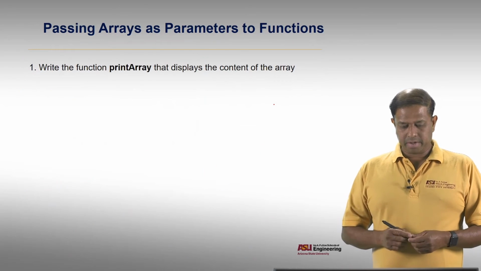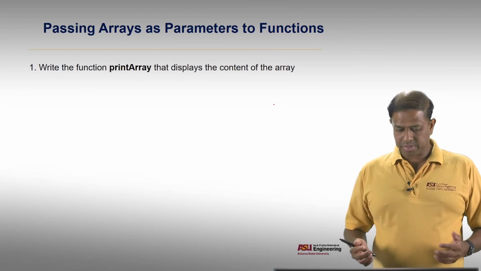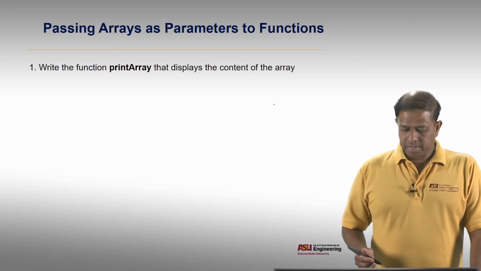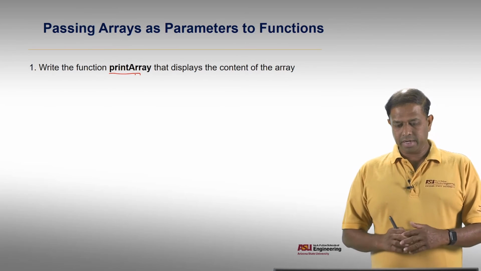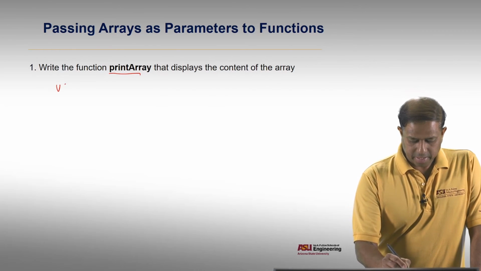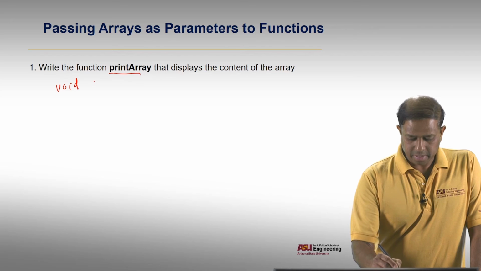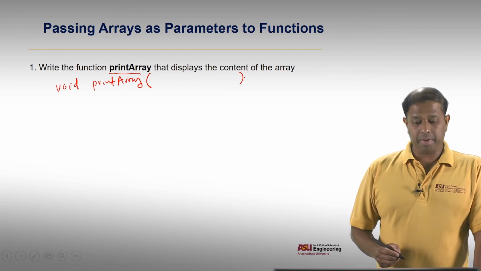Okay, now let's do a couple of activities related to this and see how we can understand this a little bit better. Suppose you write a function called printArray that displays the content of an array, right? So then the method is going to be a void method. So let's say printArray. For this method, we need to have two parameters.